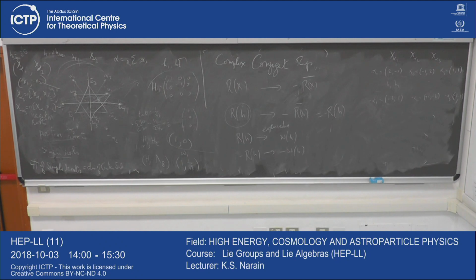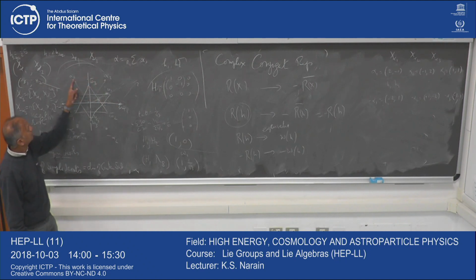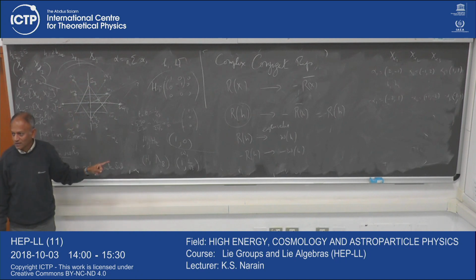Only for SU2 you have this. There are some other algebras also, but at least we have seen SU2: every representation was self-conjugate. Complex conjugation gave you back the same representation. Here it is not the case. Here it happens that some of the representations are actually invariant under complex conjugation, like the adjoint representation, because in the adjoint representation, for every root there was already a negative root. So the complex conjugation doesn't do anything.